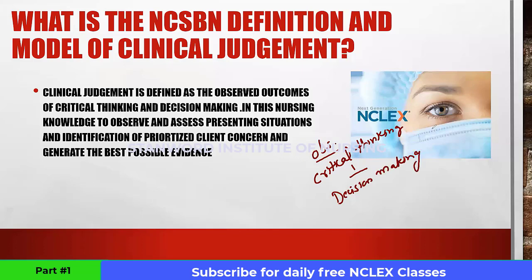In clinical judgment, we apply our nursing knowledge and skills to identify and assess the presenting situations. When we observe and assess the presenting situations with the help of this nursing knowledge, we can identify and prioritize the client concern and generate the best possible evidence.